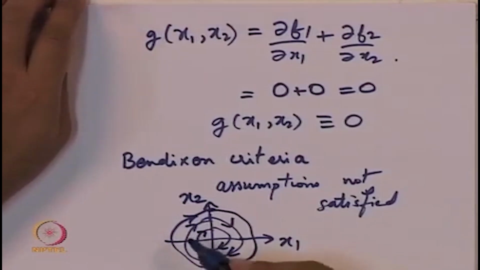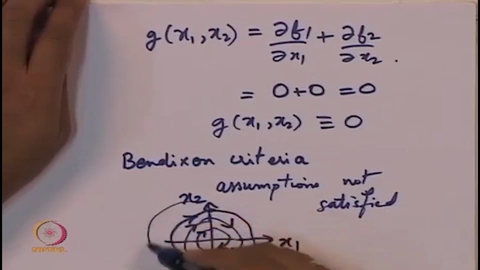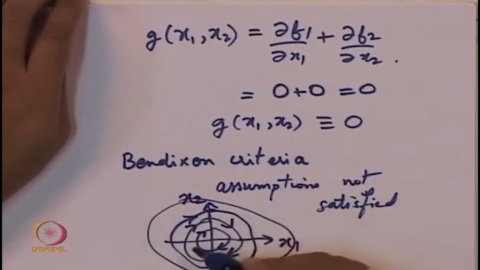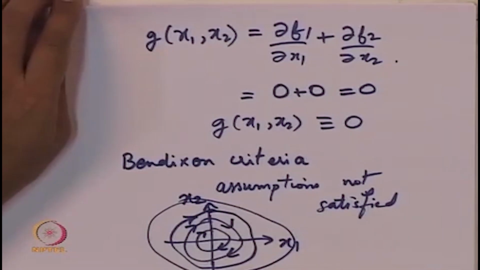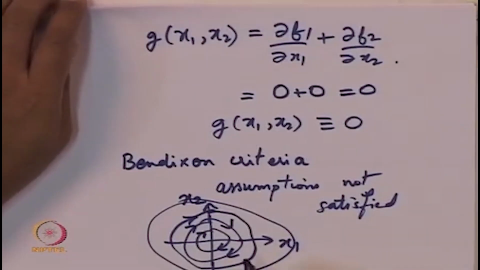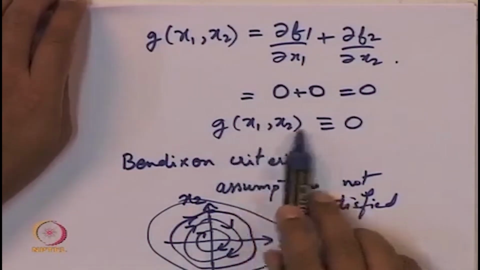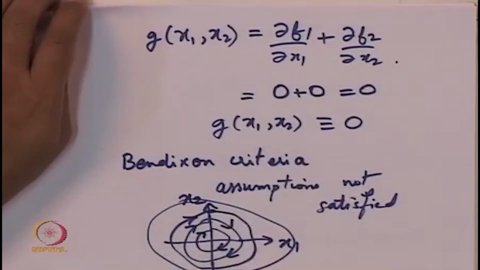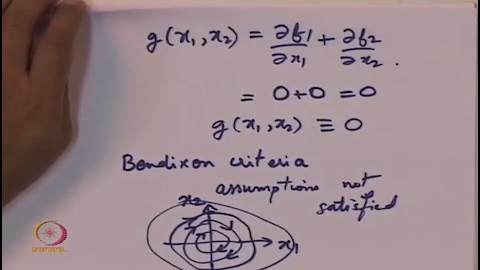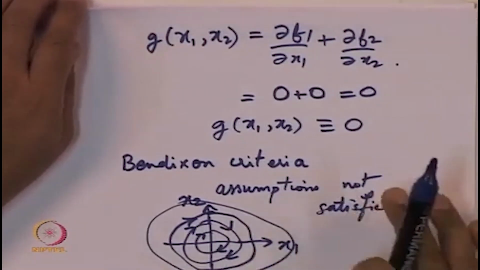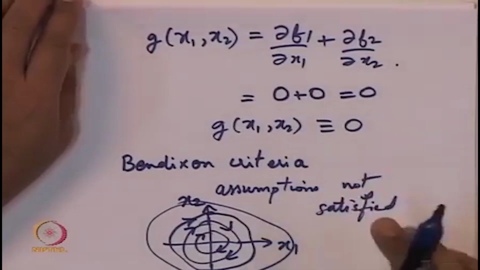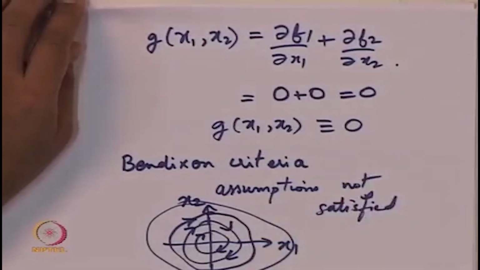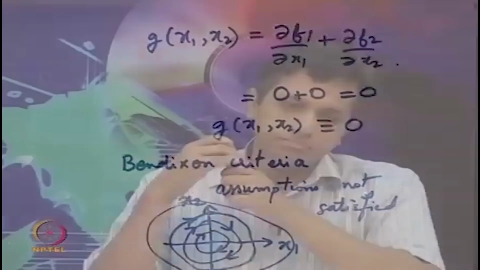In other words, for every simply connected region that contains the origin, there are plenty of periodic orbits. However, Bendixson criteria does not tell us that. Why? Because Bendixson criteria assumes that G is not identically 0, and that is not satisfied here for the case of a linear system with periodic orbits, and hence we are not able to use Bendixson criteria here. We will see some more examples where Bendixson criteria is applicable in the next lectures. Thank you.